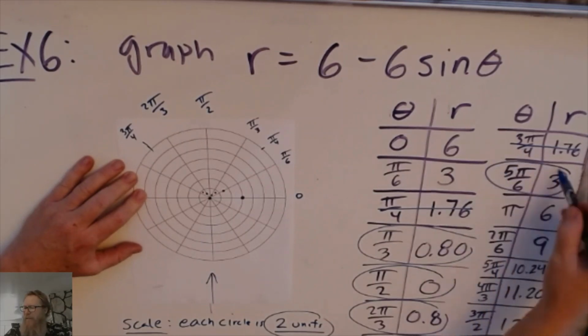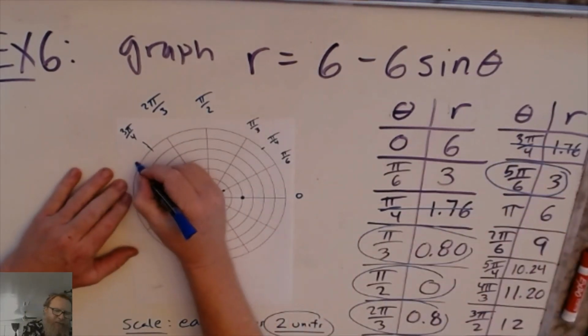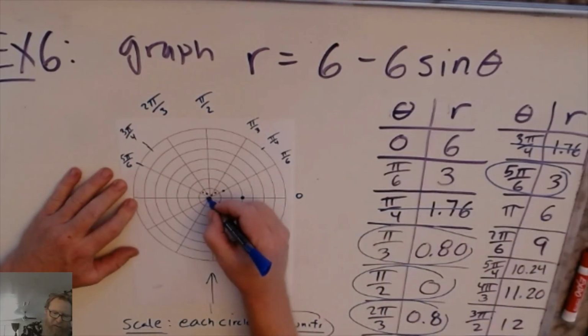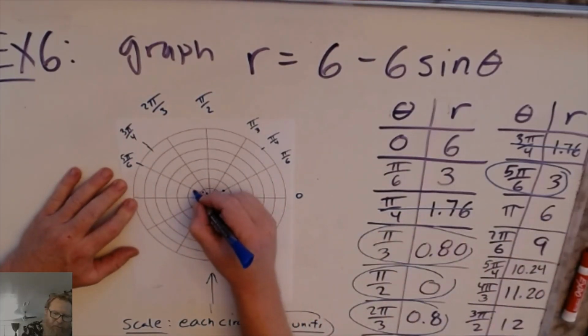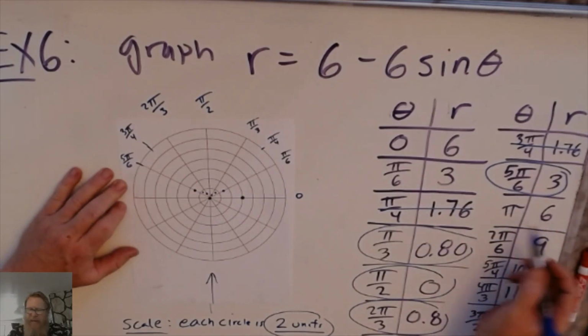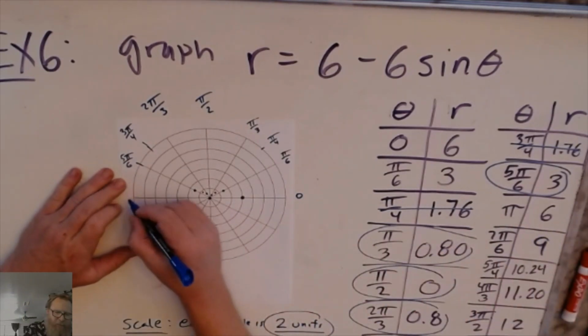Let's go to the next nice one. 5 pi over 6 would be right here. And the radius is 3, so right about there. All right, pi and then 6. So pi is over here.